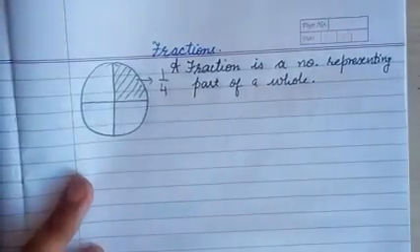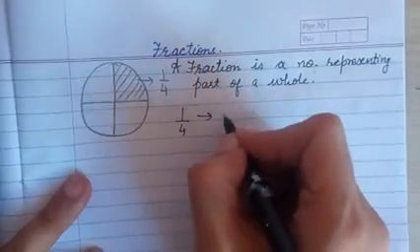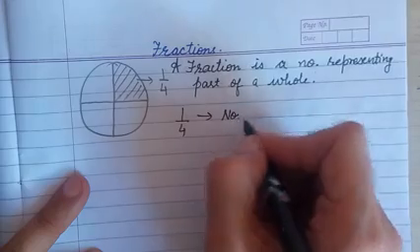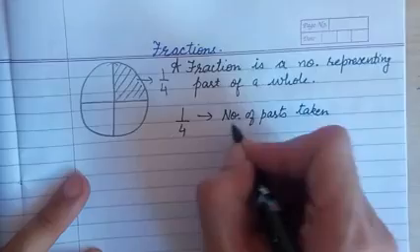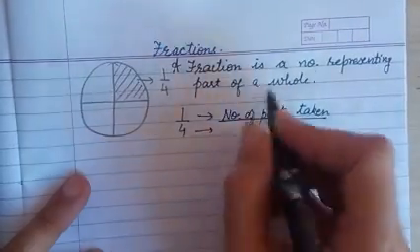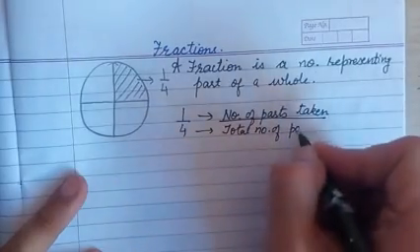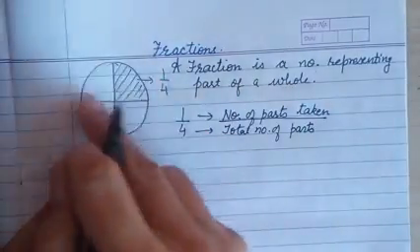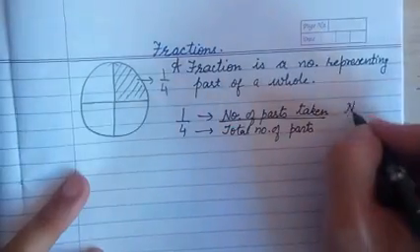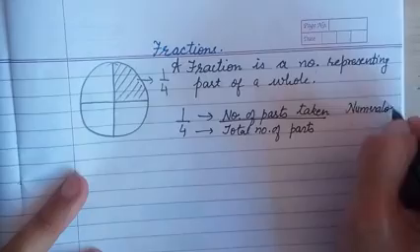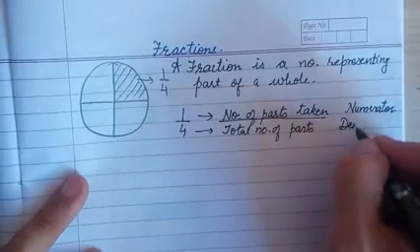In this 1/4, 1 stands for the number of parts taken, and 4 stands for the total number of parts in which the whole has been divided. The number above this line is called the numerator, and the number below the line is called the denominator.